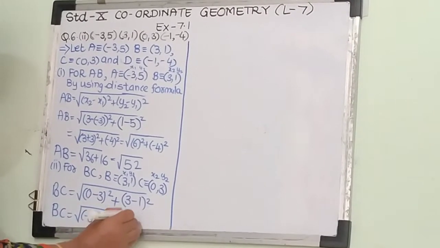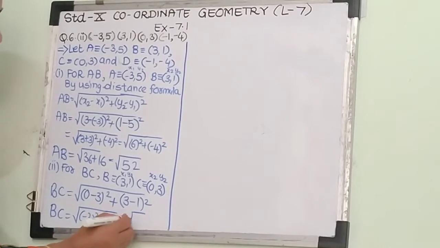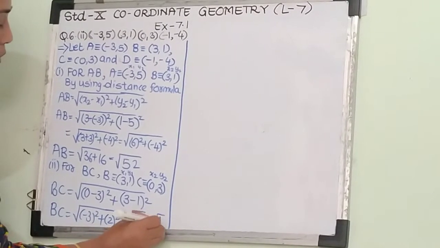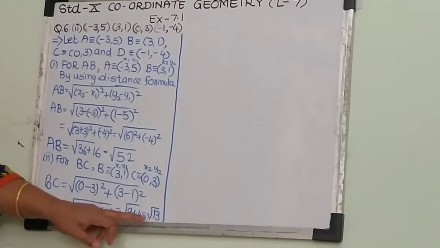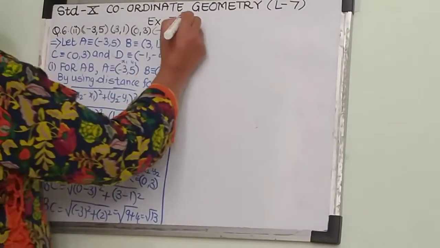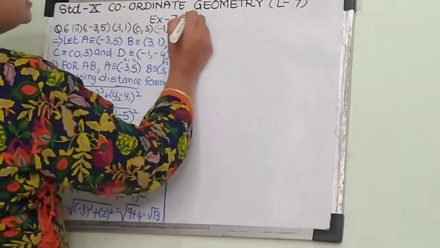So here we get root of minus 3 square, that is 9, plus 4 equals root 13. So we get the value of BC equals root of 13. Similarly, we can go for CD.